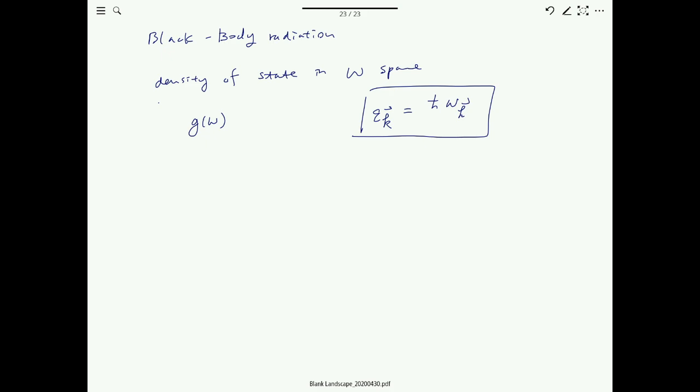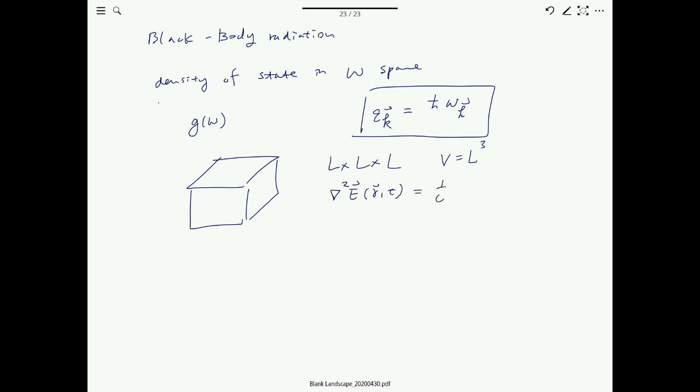Okay, so what is a black body radiation? We can consider a box which is L by L by L. If you solve the electromagnetic wave inside this black body box, with the boundary condition that the electric field at the boundary should be 0, then this is a standing wave, right?